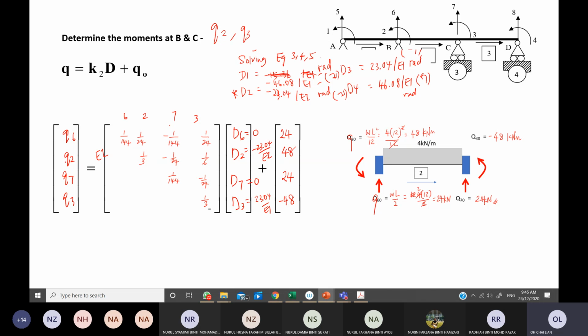So I'm going to extract the formula for Q2 and also Q3. This is how we do it. I will do the Q2 for you.